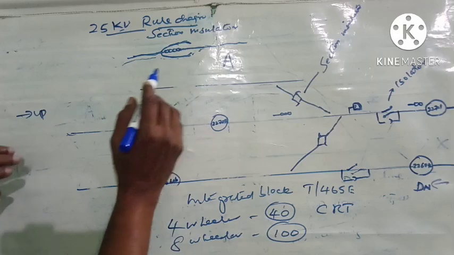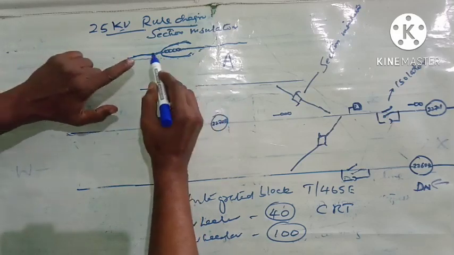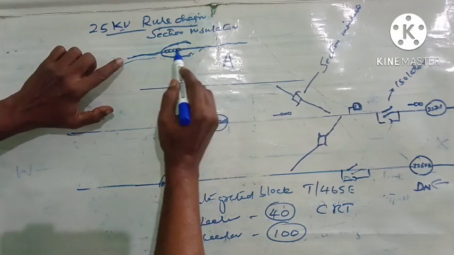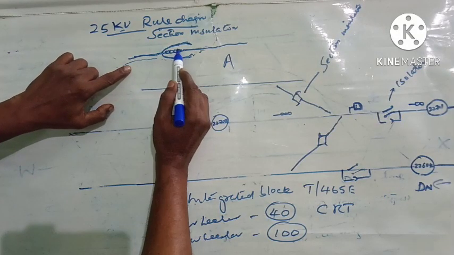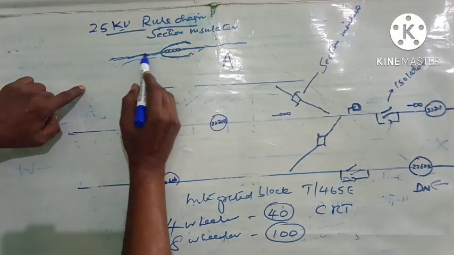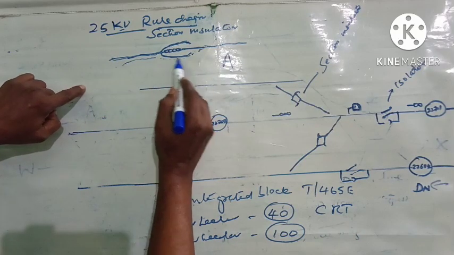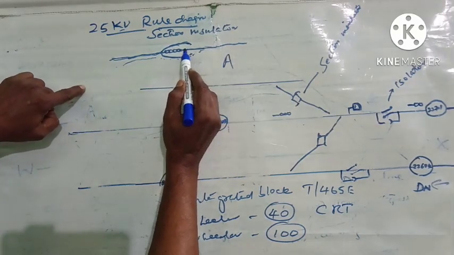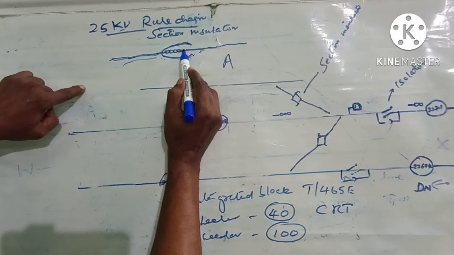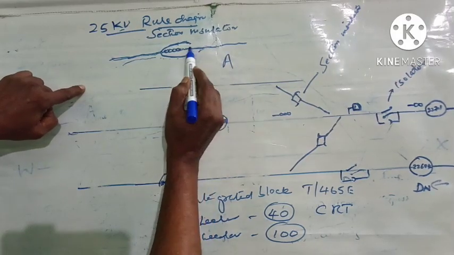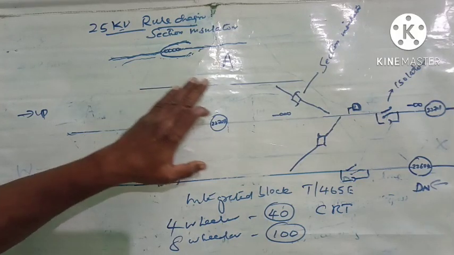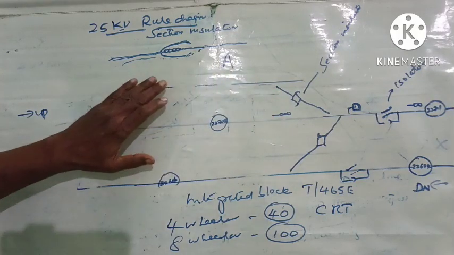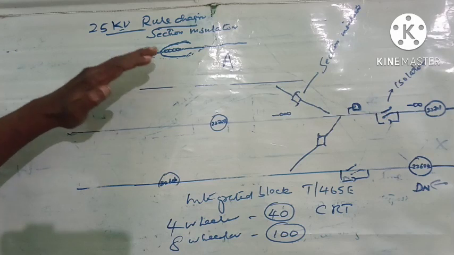By providing this section insulator, what is achieved is that the line is given a break here. The power from this line comes only up to these runners. Here this power from this direction comes only up to this. Section insulators are necessary in the yard to separate elementary sections.